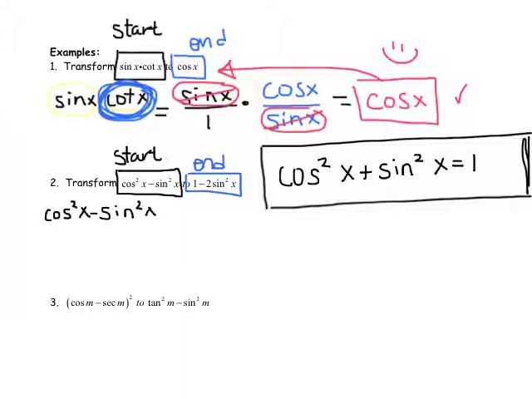A lot of this is about replacing, and we don't have exactly cosine squared plus sine squared. We have cosine squared minus sine squared, but that is not exactly cosine squared plus sine squared. But what I can do is take my Pythagorean identity and manipulate it even more.